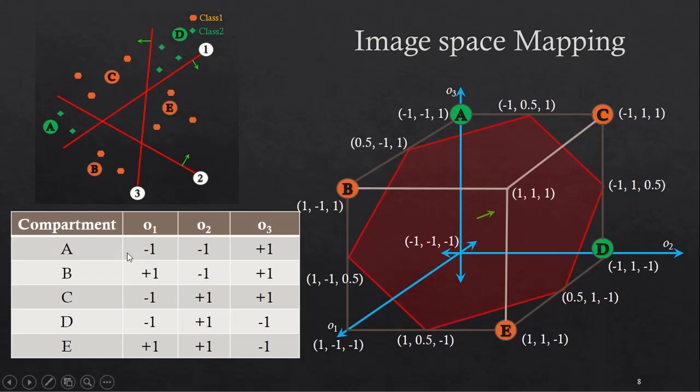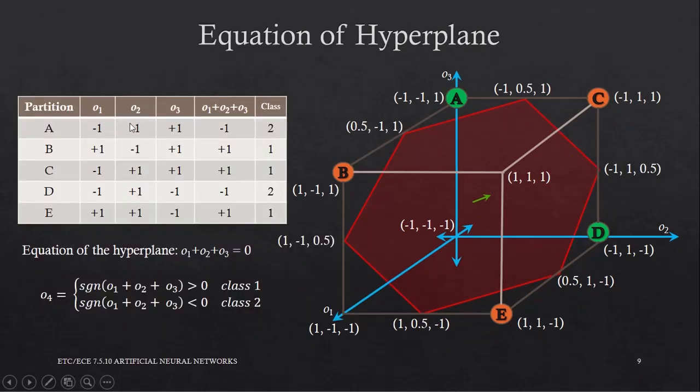We see the table and we realize that the equation of one such hyperplane can be O1 plus O2 plus O3 equal to 0. For this plane, points B, C, E give a plus 1 response, which says that they lie on the positive side of the plane.